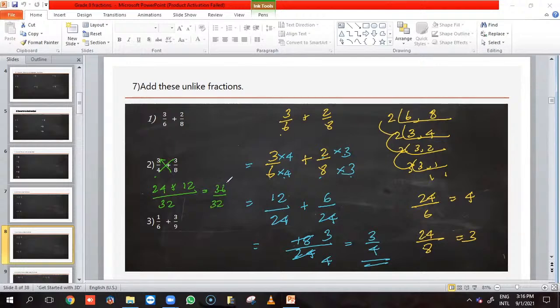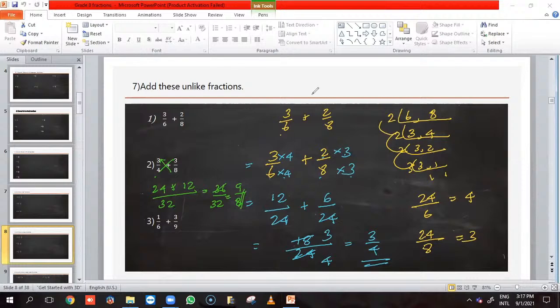Simplify. How many 4s here? 9. How many 4s for 32? 8. 9 over 8. We follow the first method.